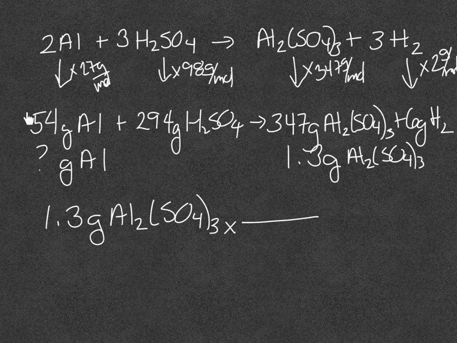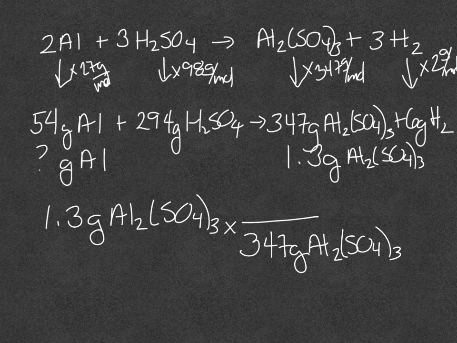So I've got 54 grams of aluminum will give me 347 grams of aluminum sulfate. So now when I'm doing my dimensional analysis, I'm going to write 347 grams of aluminum sulfate on the bottom, and I'm going to write 54 grams of aluminum on top.